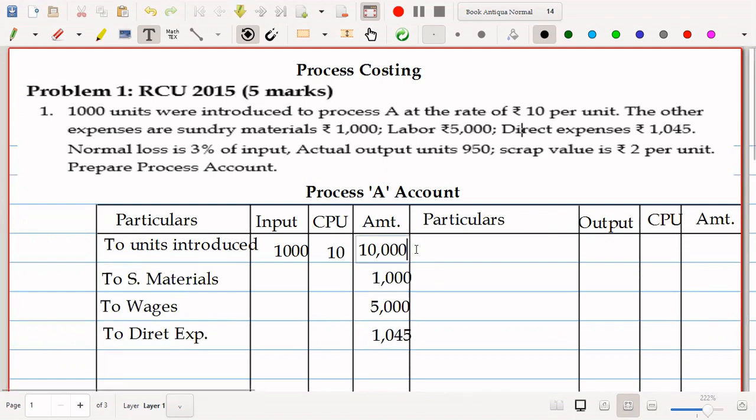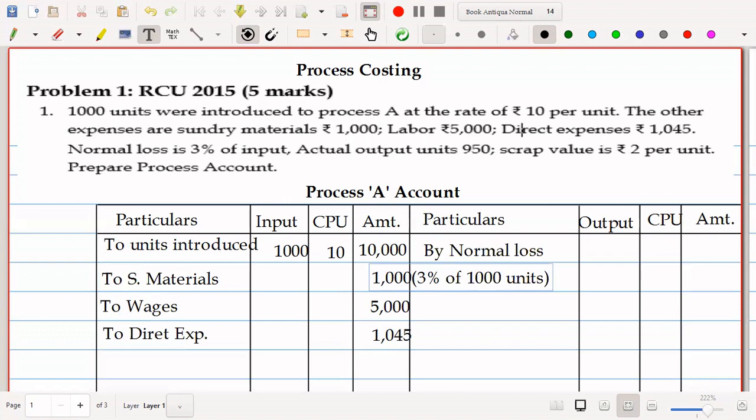And on this side we will write whatever normal loss, abnormal loss, and actual output will be on the credit side. That is, by normal loss. What's given in the problem? You can see here the normal loss is 3% of input, that is 3% of 1,000 units.